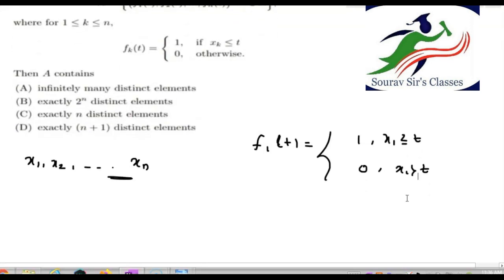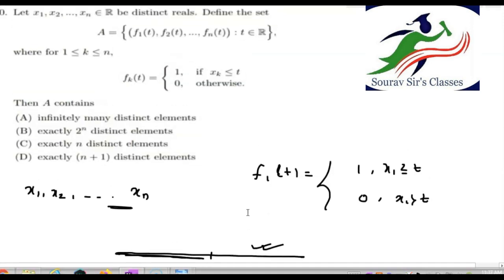Now if this is our number line and this is x1, you can see that the value of f1(t) is 1 if t is greater than x1. So on this side the height of f is 1, and on this side the height of f1 is 0, right?